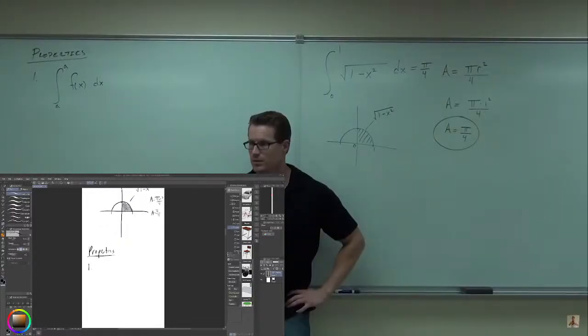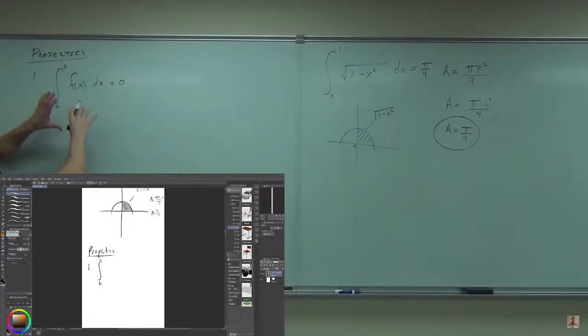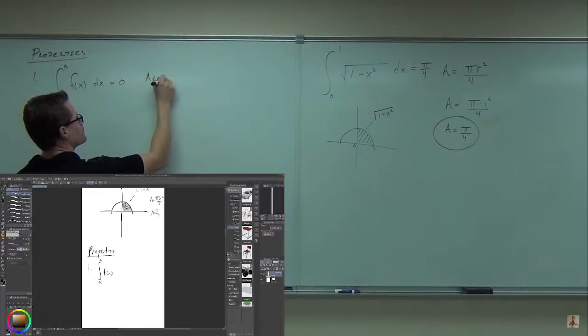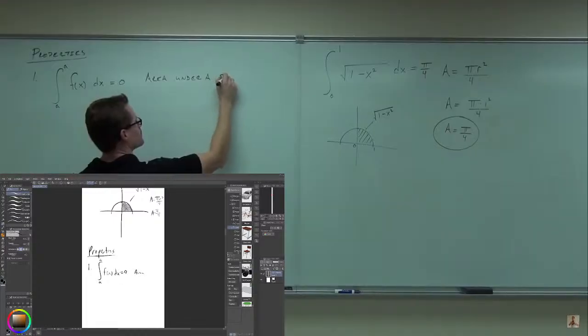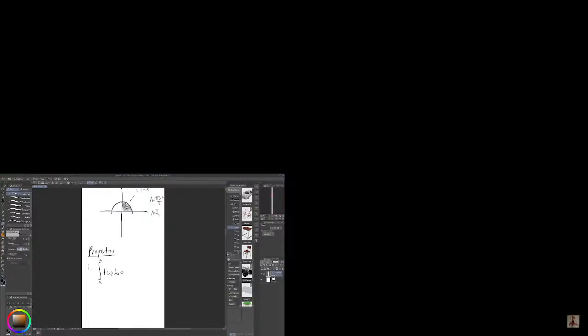So whenever your bound goes from one number to another, and it's the same number, that's going to be 0, no matter what the function is. This is the area under a point, basically. Which is why that doesn't work.